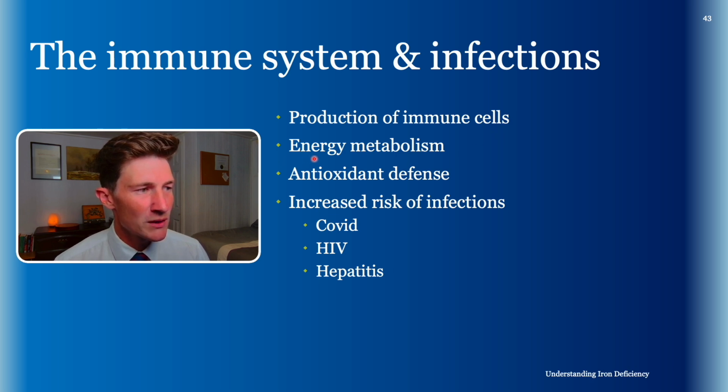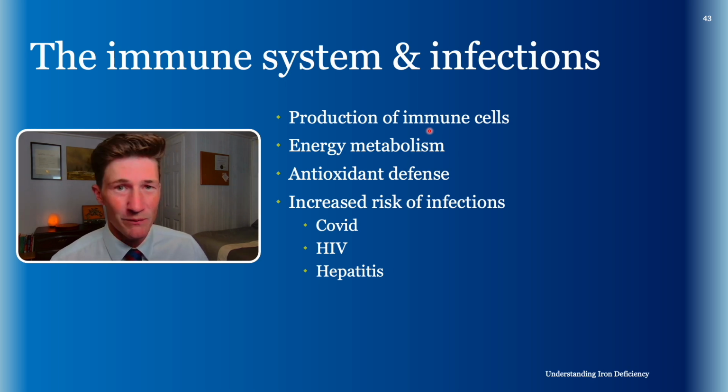Iron is also needed for energy metabolism within the cells. So, what people don't realize is that immune cells actually have one of the highest metabolic rates for any cell type. If I asked you which cell type uses up the most energy, which has the highest metabolic rate, a lot of you might have no clue, but a lot of you might be kind of into this stuff, and you might immediately think muscle cells, right?